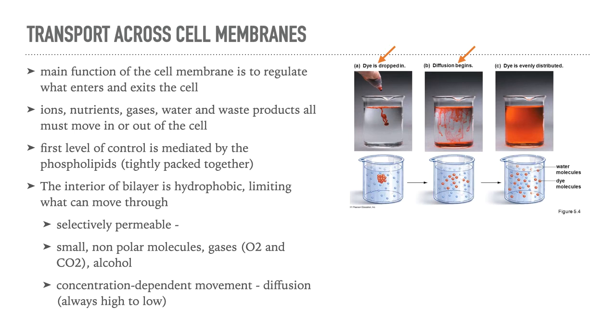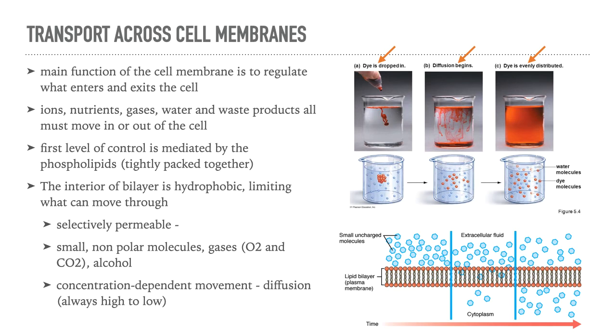This is a common principle: all molecules want to be as spread out as possible. This is what we call diffusion. Eventually they're evenly distributed and fully diffused across the water, so we have the same ratio of dye to water molecules throughout this beaker.